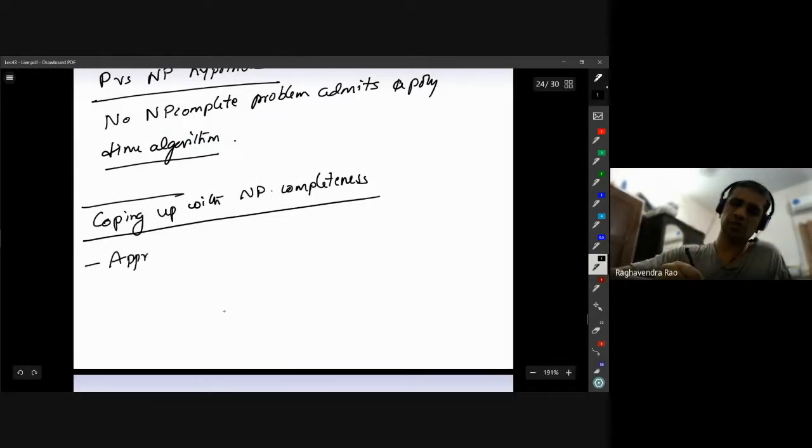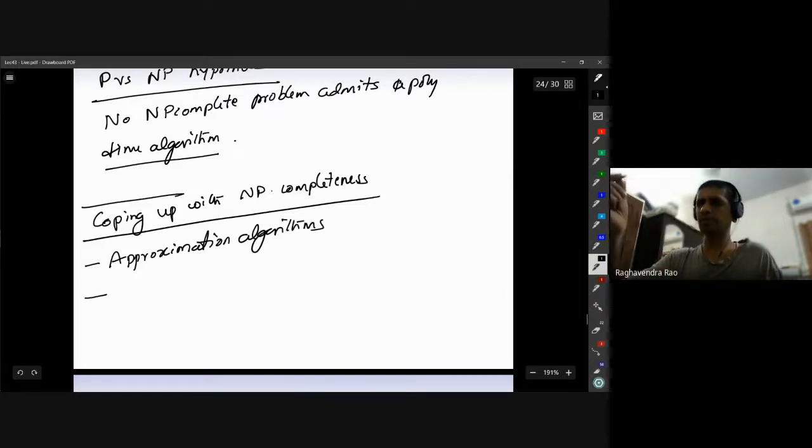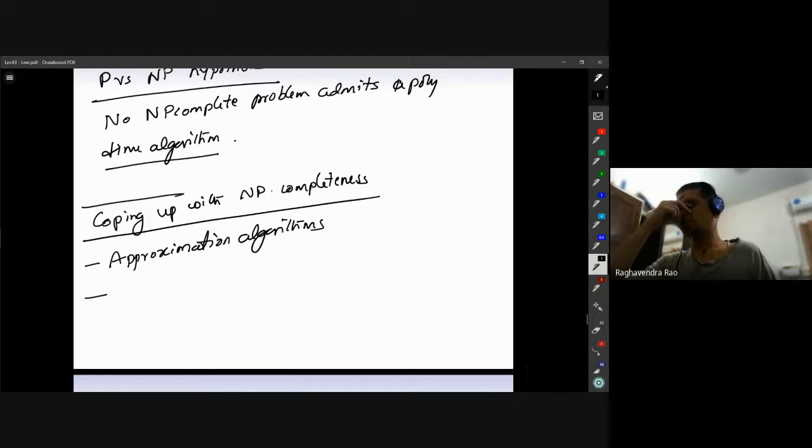So this is the discipline of approximation algorithms. Usually there is a course with this title. Unfortunately, I don't think this is offered next semester, but it might be offered next year. Then there are other ways of dealing with it.